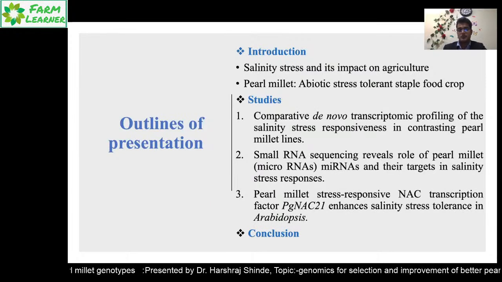RNA is related to salinity stress. And finally, I will speak about one of the transcription factor genes, that is NAC21. This gene we discovered in our first study, the transcriptome analysis, and then we carried out the functional analysis of this gene in Arabidopsis, and this gene proved to be a salinity stress tolerant gene. And then finally, I will conclude my talk.